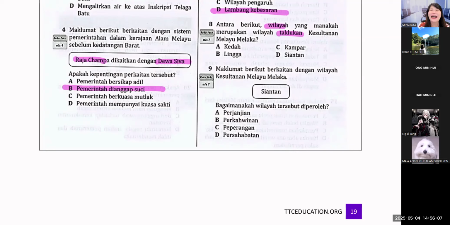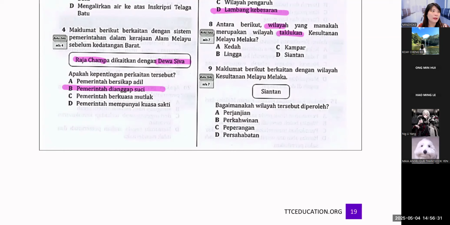Confirm not D. Okay, yes, correct. Kedah? Wilayah taklukan lah. Takluk. We conquer. Conquer lah.